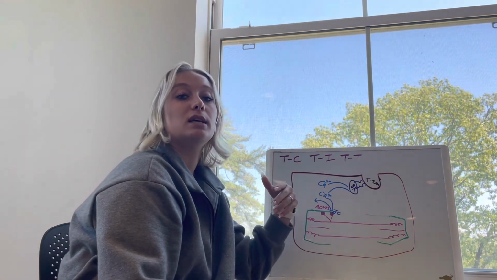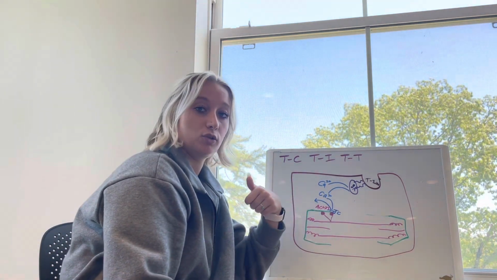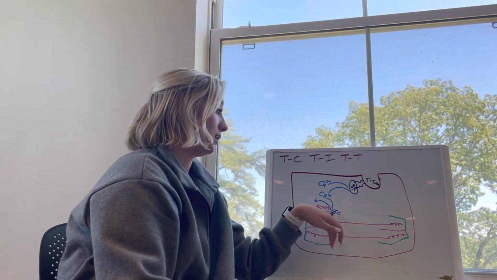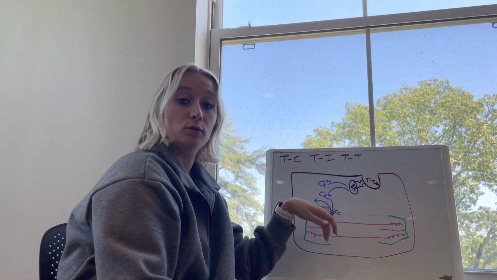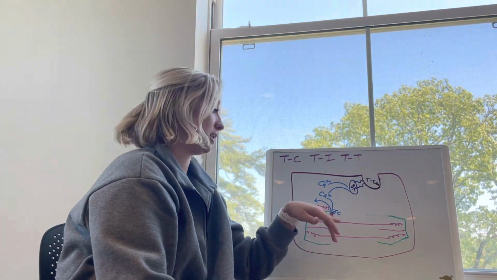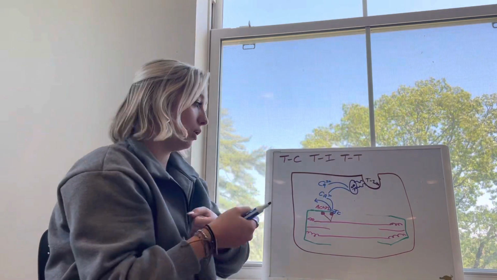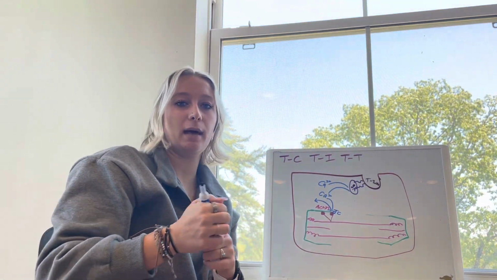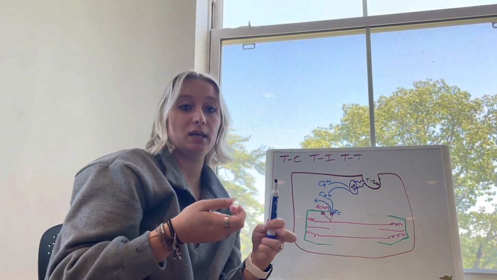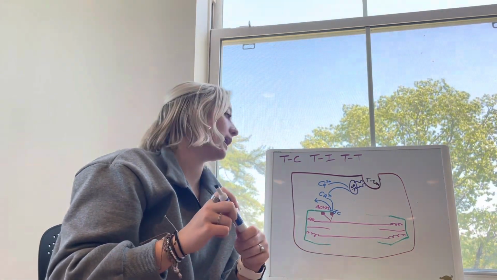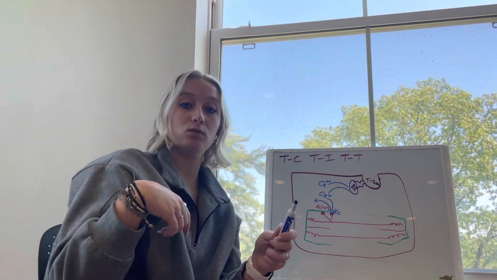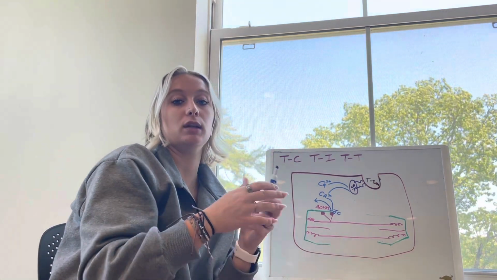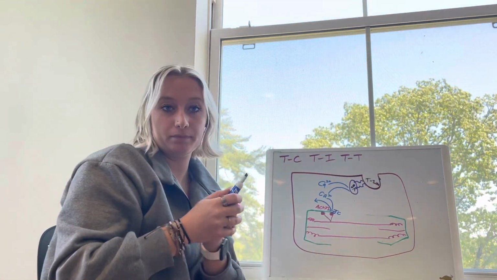That calcium is going to be sensed by troponin C to then tell troponin I it can move out of the way so that myosin heads can grab onto actin, and it can pull and cause contraction to happen. When that happens, that pull generates ADP or inorganic phosphates, and it has to then bind with more ATP so that it can let go. And then you can have another pull.